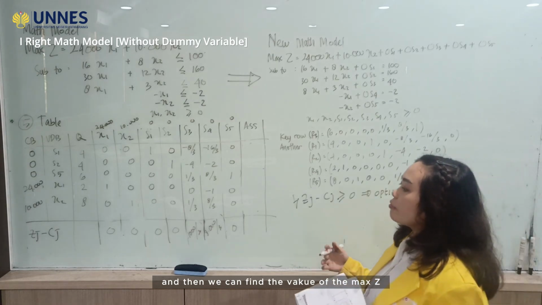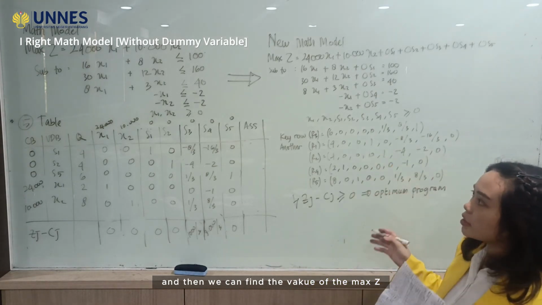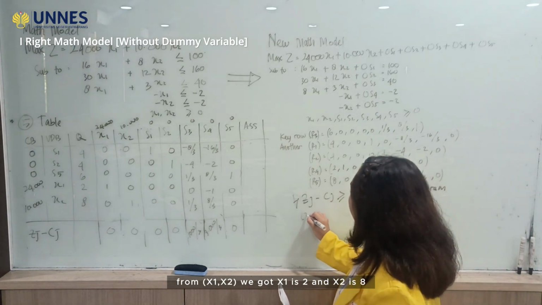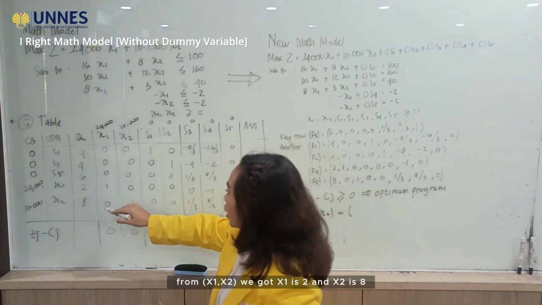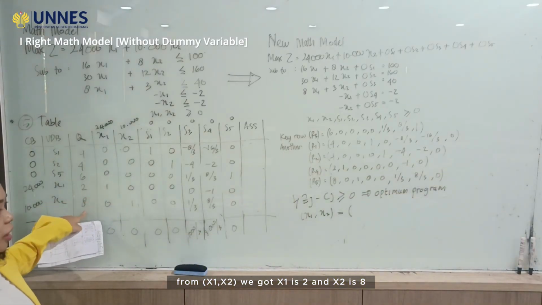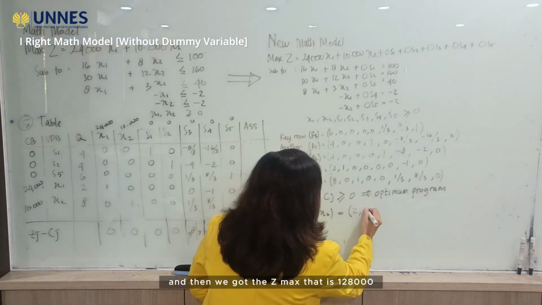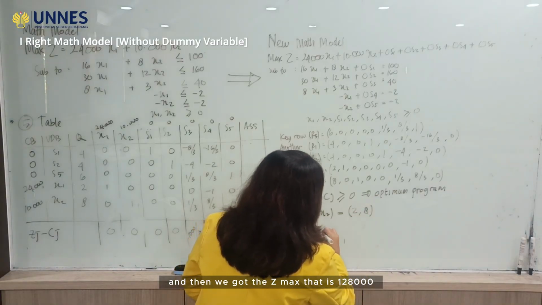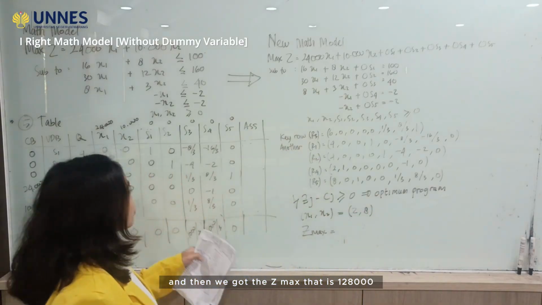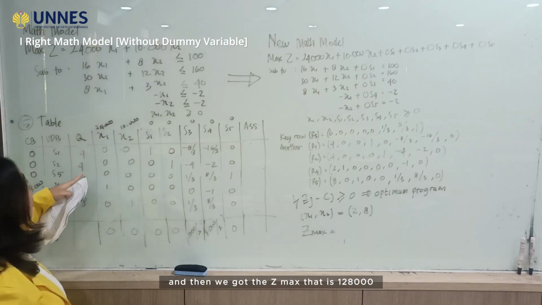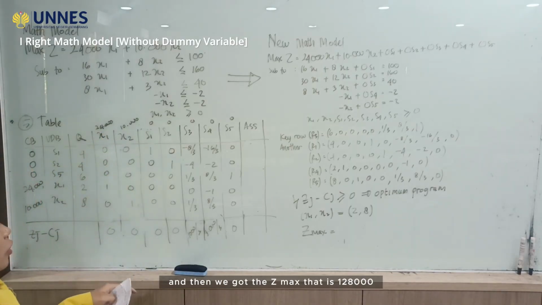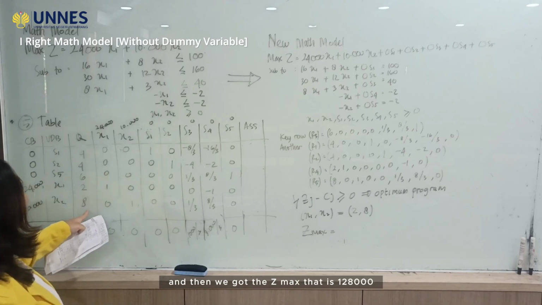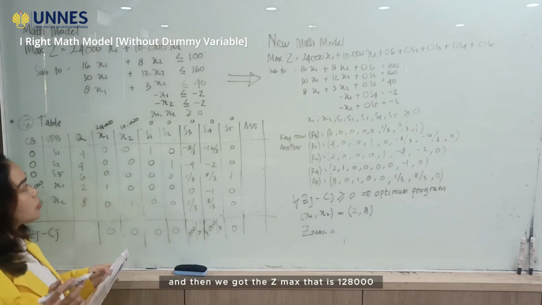And then we can find the value of the maximum z. From x1 and x2, we got x1 is 2 and x2 is 8. And then we get the maximum z, that is 2 times the value of x1, that is 24,000, plus 8 times the value of x2, that is 10,000.